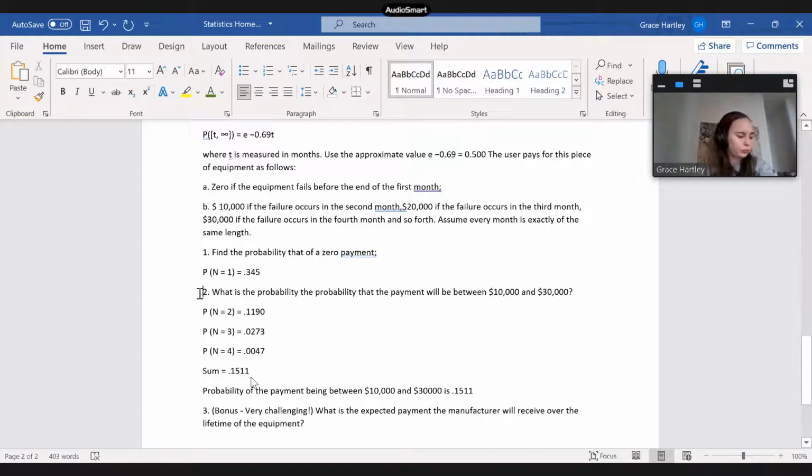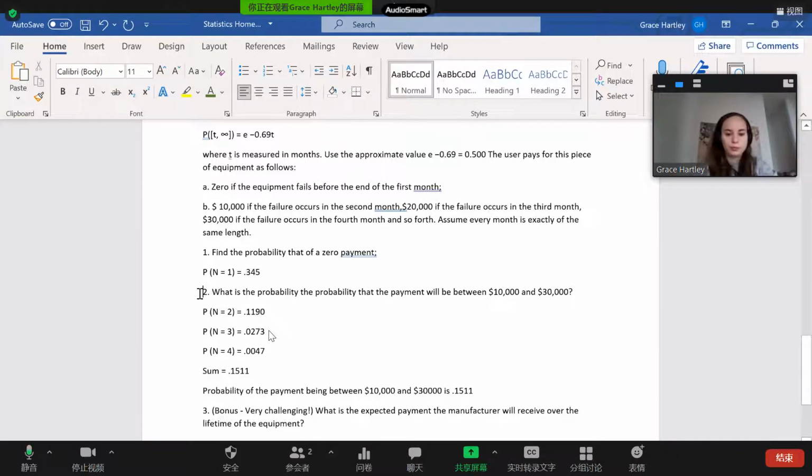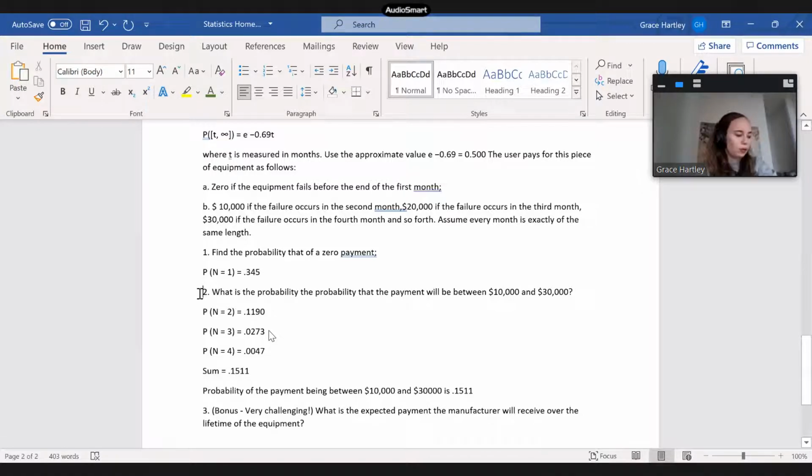So first, here you're going to use an exponential model. The Poisson model is basically used for calculating some small probability, like winning lotteries.